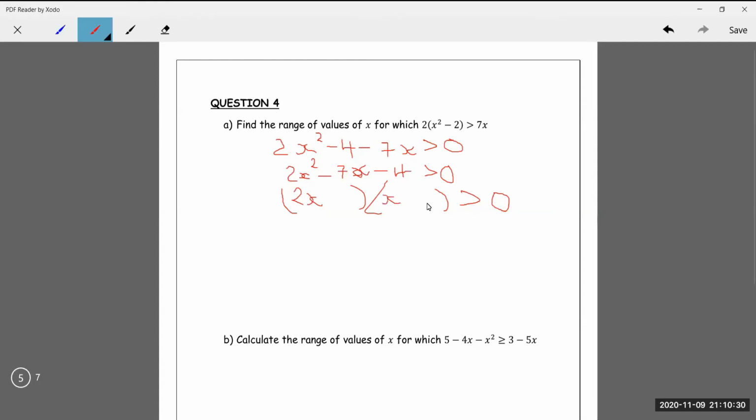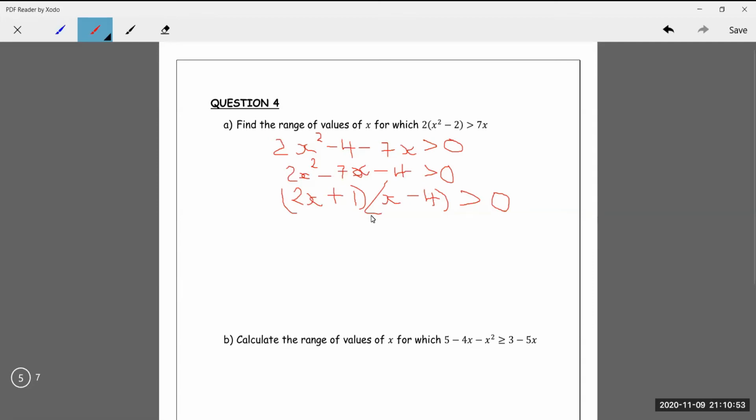How do I know where to put the 4? I'm going to put the 4 right here, and the 1 right here. For this part to be minus, the minus has to be here and the plus has to be here. Because this times this gives us 2x squared, this times this gives us minus 8x, this plus this gives us 1x, and so this is fine.